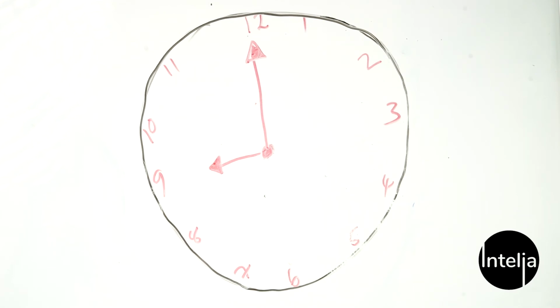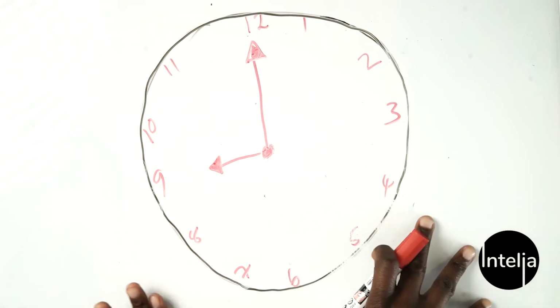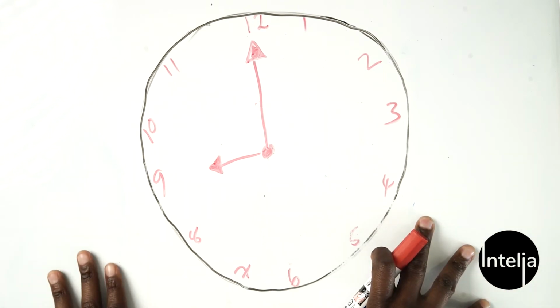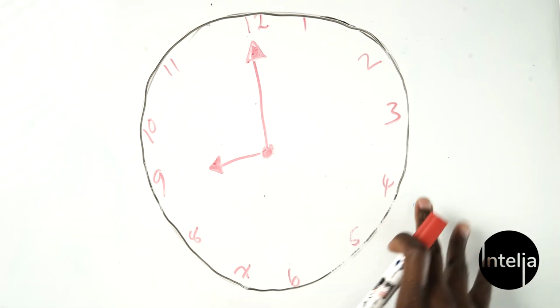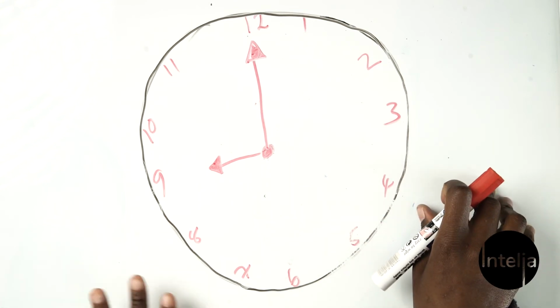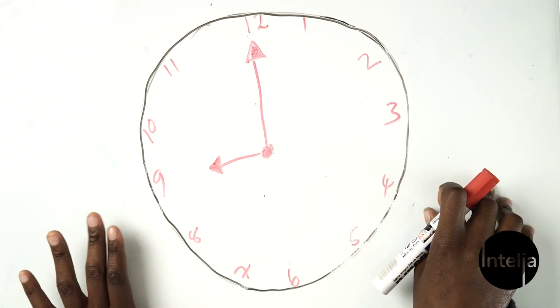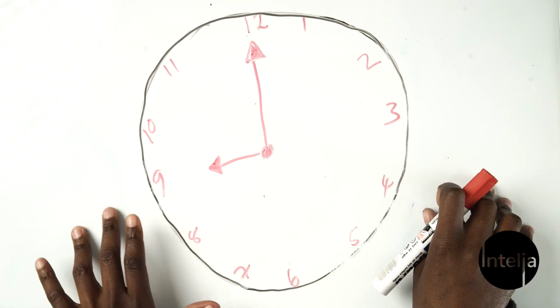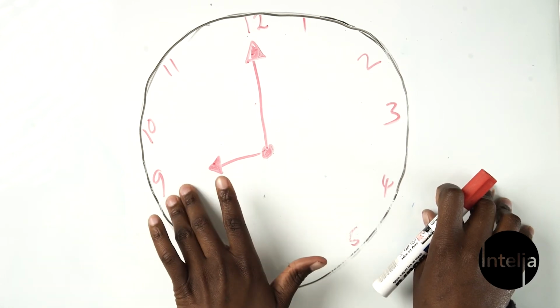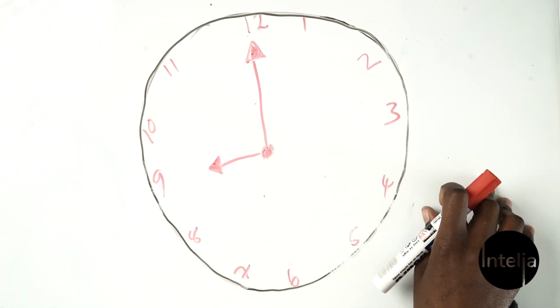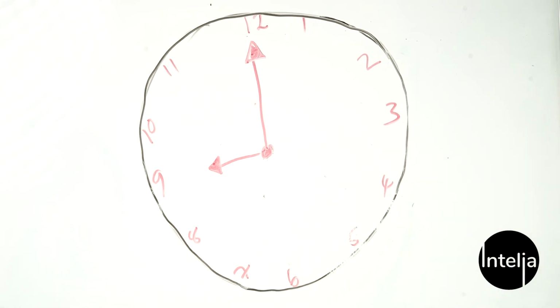So remember, we did the o'clocks and the quarter past and the half past. So for now, you can identify if it's 9 o'clock, if it's 9:30, if it's 9:15. So here it's 9 o'clock. As you can see, the minute hand is pointing at 12, the hour hand is pointing at 9. It means it's 9 o'clock.